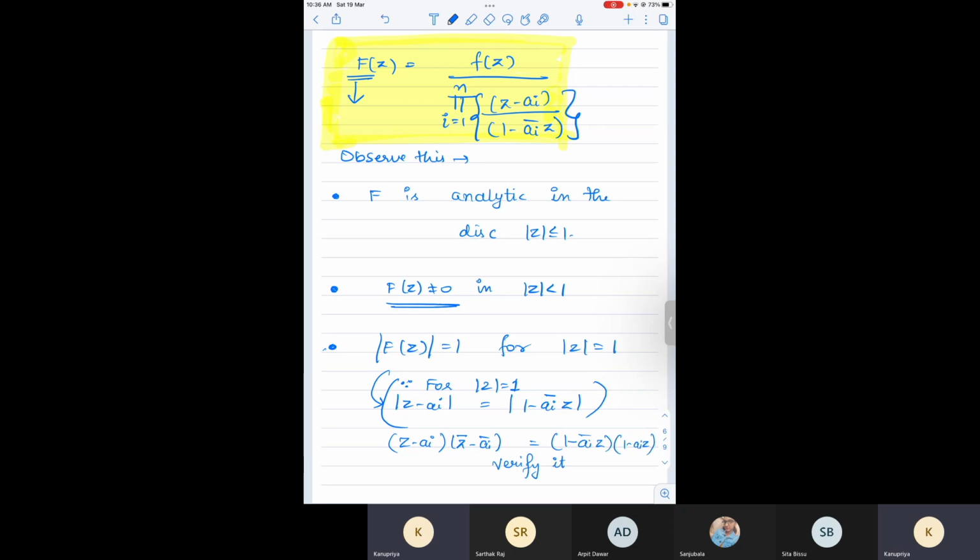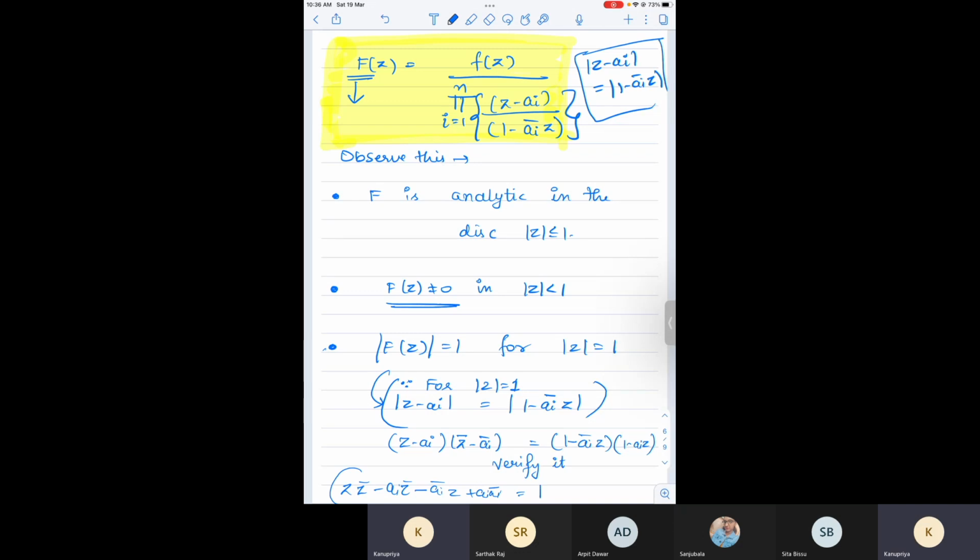Now I am saying that modulus of z minus ai is equal to modulus of 1 minus ai bar z. You can prove this. Try to calculate it. I have written that you have to verify this. Okay, मैम. You can verify it like (z bar minus ai bar)(z minus ai) ... this is one.